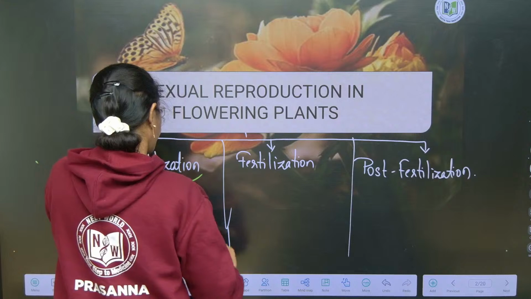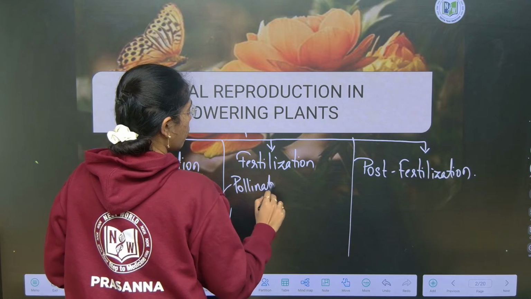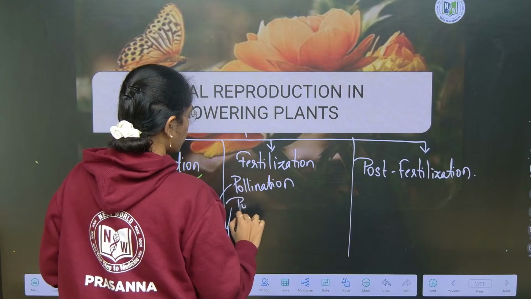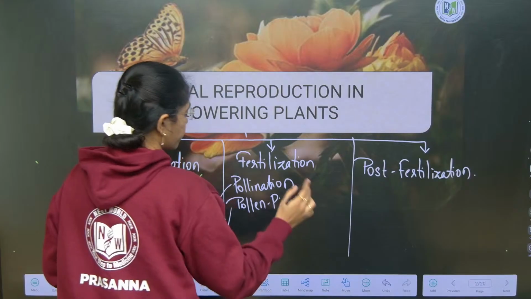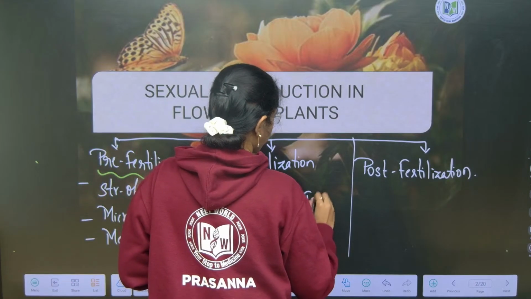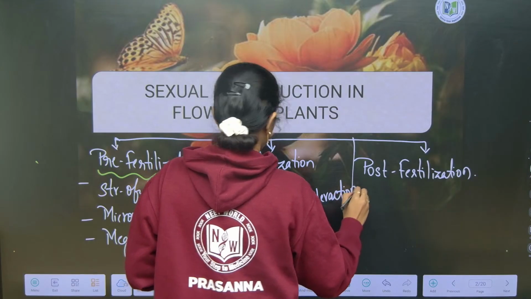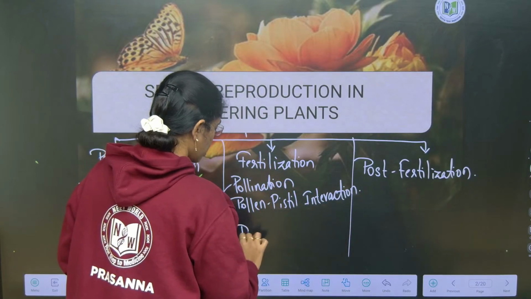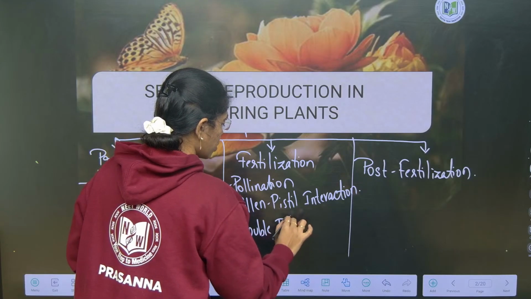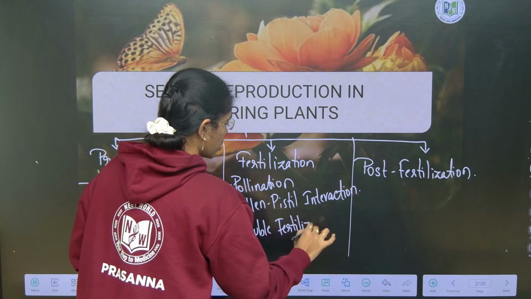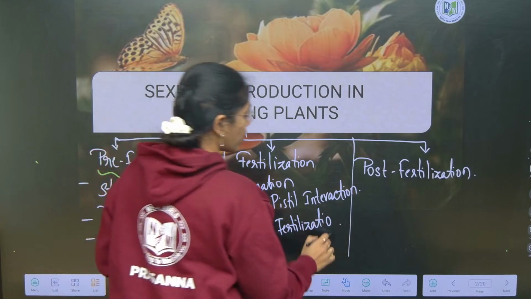Pollination, pollen pistil interaction, double fertilization, triple fusion. Double fertilization or triple fusion is one and the same.